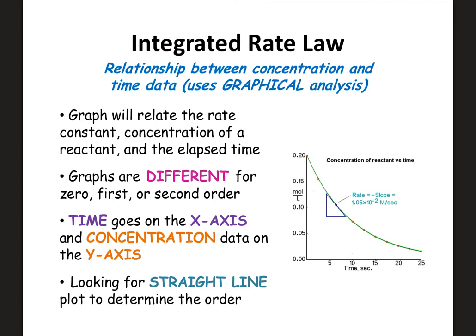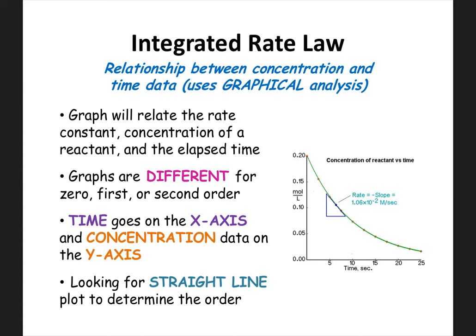Now we're going to look at how we can use graphs to determine the rate law. We can take concentration versus time graphs and determine the rate law by looking for a straight line. Graphs will be different for zero, first, and second order.